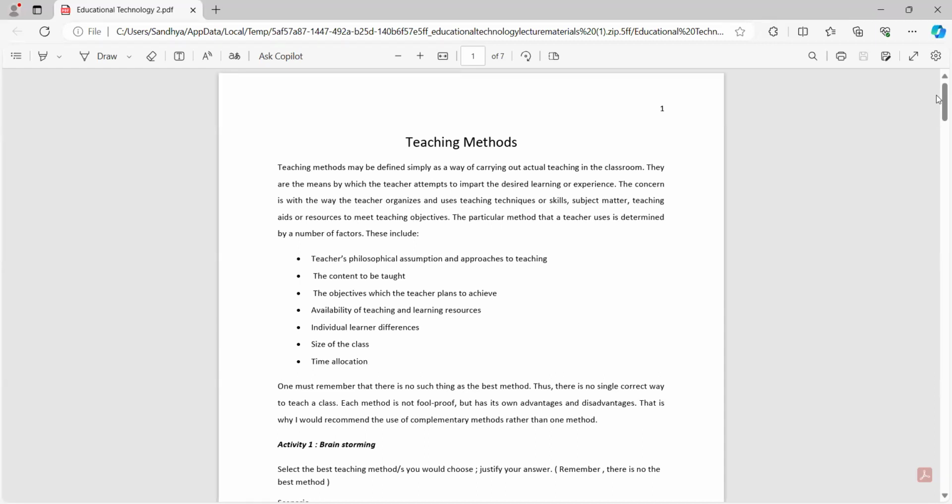So if we select teacher-centered, basically we will be using two main methods. What are they? Teacher-centered, two main methods in teacher-centered approach. Lecture method and demonstration. Very good.